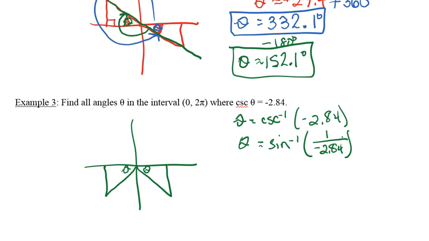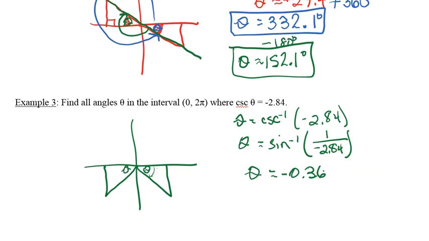So in radians, I get an angle of approximately negative 0.36. Again, that's a negative angle, and my criteria says it wants it to be bigger than 0 and less than 2 pi. So it's actually having me come down into this quadrant, but I need its coterminal angle.